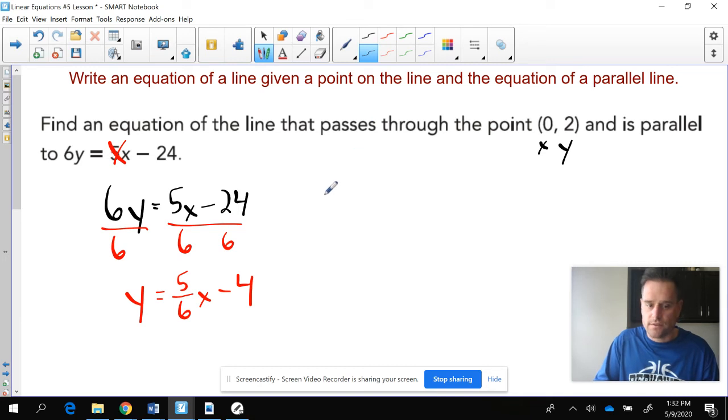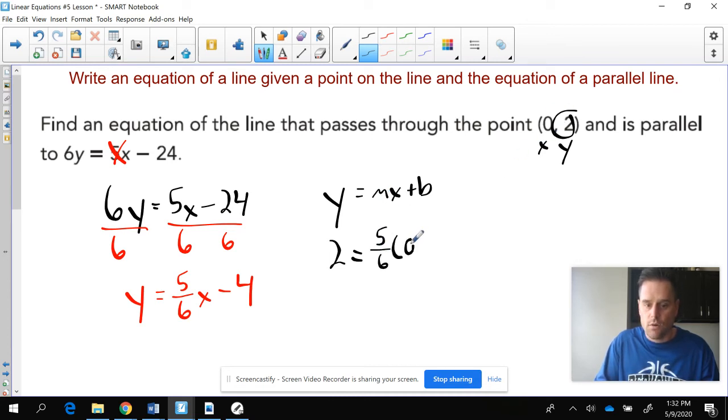So let's solve this. Y equals mx plus b. Let's plug in all of our values. We know what y is. Y is 2. The slope is 5 over 6. X is 0. Pretty simple. Can you catch on what the 0 times 5x is? 0, plus b, and then you guys can just say, well, 2 equals b.